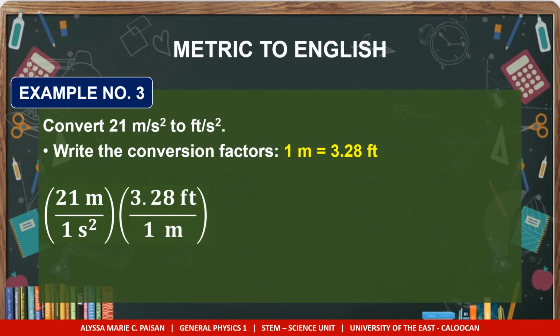Then beside that, we will write the conversion factor 3.28 feet over 1 meter. We write it like that so that we can cancel the unit meter. And then we will retain the unit second squared. Using the calculator, we will get the answer 69 feet per second squared.